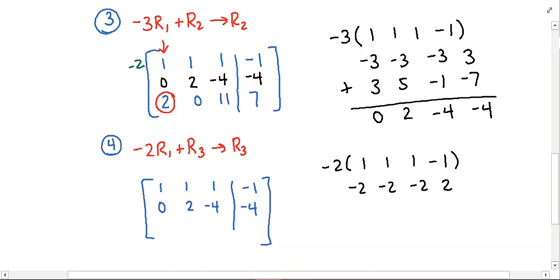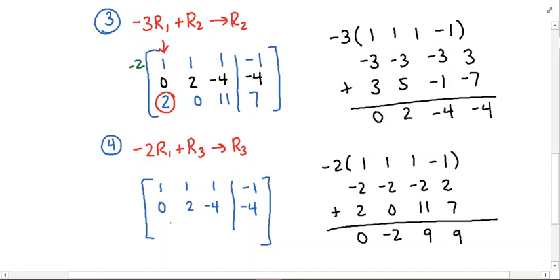So go back to the previous matrix, look at row 3. We've got 2, 0, 11, and 7. We've got to add here. So -2 plus 2 is 0, -2 plus 0 is -2. -2 plus 11 is +9, and 2 plus 7 is 9. Okay, so there is your new third row.